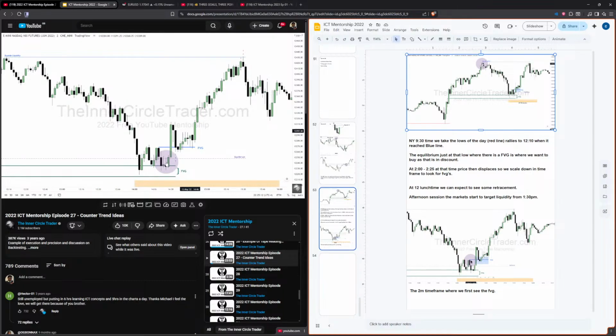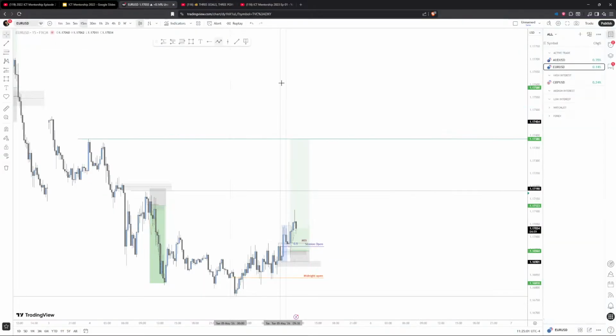Yeah, it's probably midnight. Midnight open is during the London session. So London low to lunchtime high. Basically, from this high to that low, we can expect price to pull back.